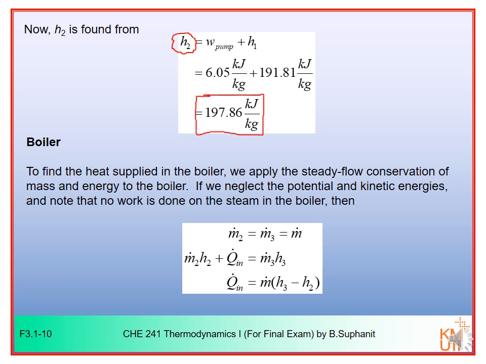So point number 2 becomes fully defined now, because you know the enthalpy at this point. Once we know the condition at number 2, we can move on to the boiler, which is process 2-3.